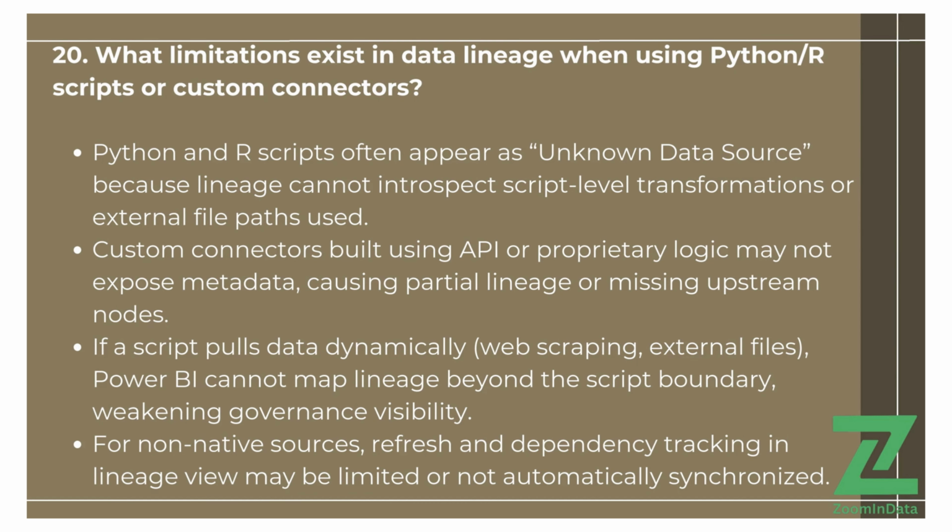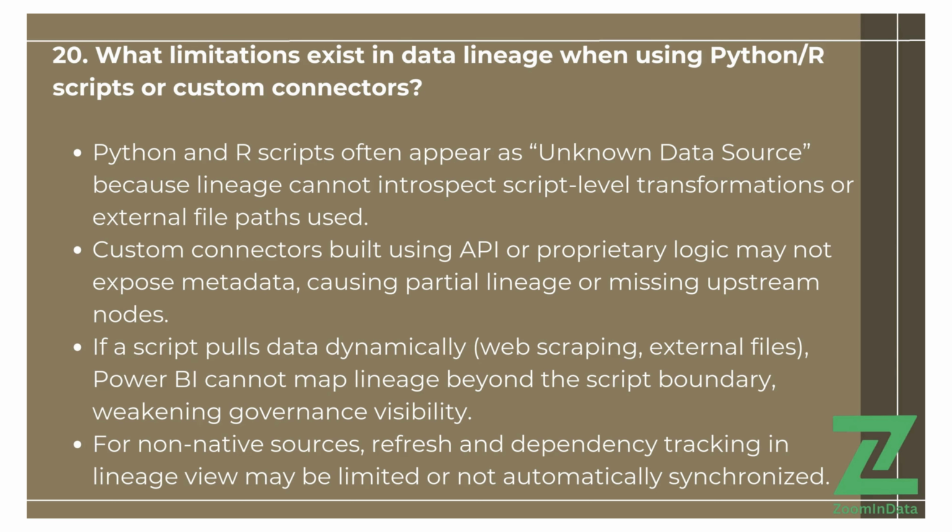20th question. What limitations exist in data lineage when using Python or R scripts or custom connectors? Python and R scripts often appear as unknown data sources, because Lineage cannot introspect script-level transformations or external file paths used. Custom connectors built using API or proprietary logic may not expose metadata, causing partial lineage or missing upstream nodes.